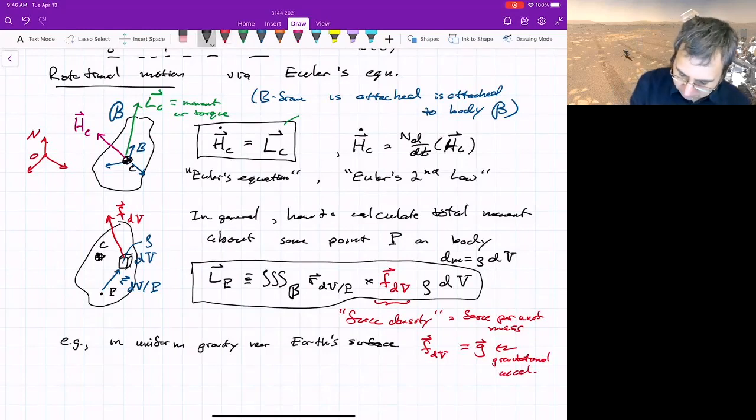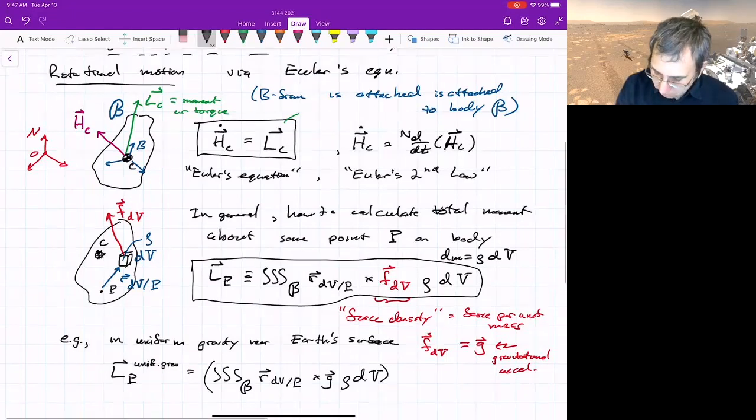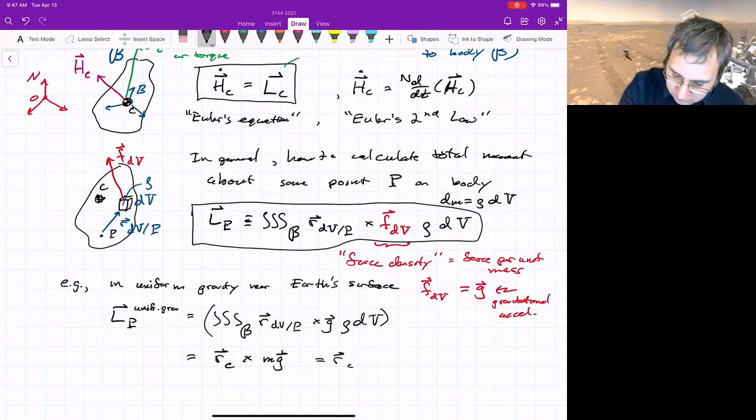So let's just calculate this. For uniform gravity, it is a triple integral over the body of r dV, with respect to P, cross product g rho dV. This will end up giving you the location of the center of mass cross m g. So what's the location of the center of mass?